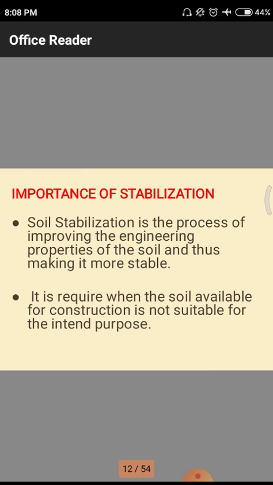Normally soils have different properties according to their state of formation and erosional properties, but here especially we have to observe the engineering properties. If the engineering properties of the soil are very good, the structure will withstand for a long period of time and we won't face any difficulties.